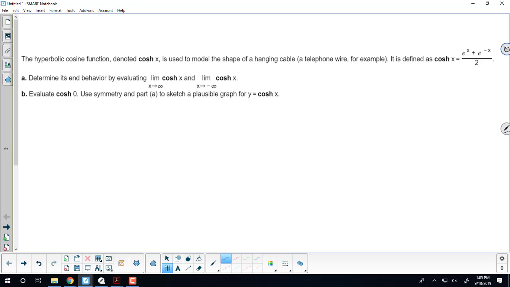The function is defined as the following, and we see it's an exponential function. Even though we call it a hyperbolic trig function, it's really an exponential function. They want us to determine the end behavior for the hyperbolic cosine, so we need to compute the limit at infinity and negative infinity.